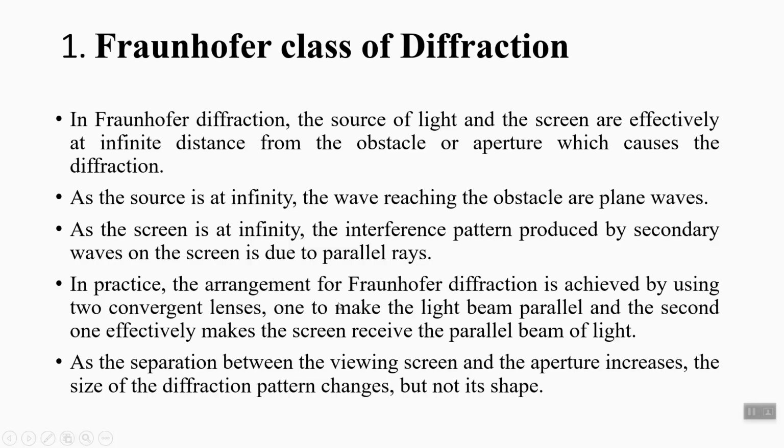In practice, the arrangement for Fraunhofer diffraction is achieved by using two convergent lenses or convex lenses. The first one is to make the light beam parallel, and the second one effectively makes the screen receive a parallel beam of light. As the separation between the viewing screen and the aperture increases, the size of the diffraction pattern changes, but not its shape.